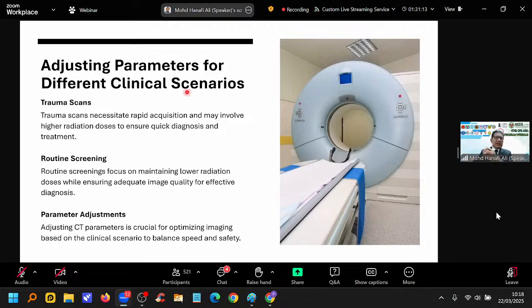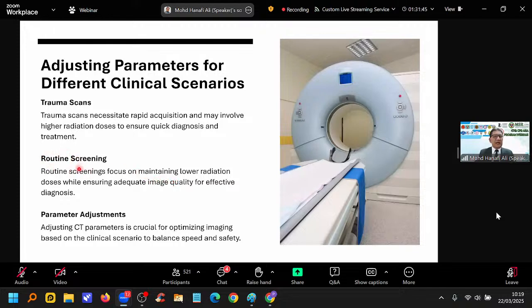And for screening, like calcium scoring, I don't know whether mammography now also uses CT scan for screening or not, but I think they definitely prefer MRI for that examination.